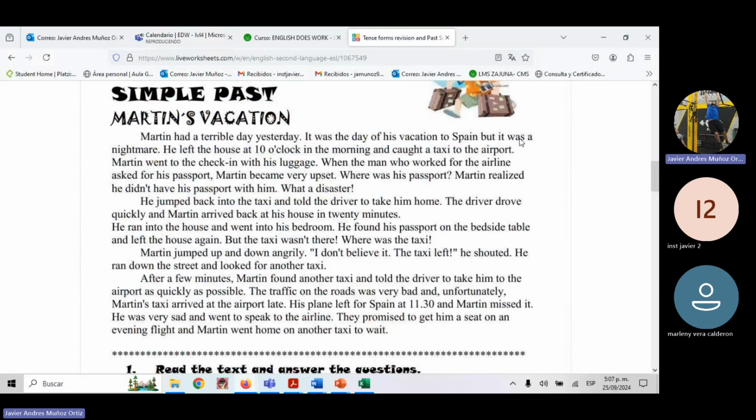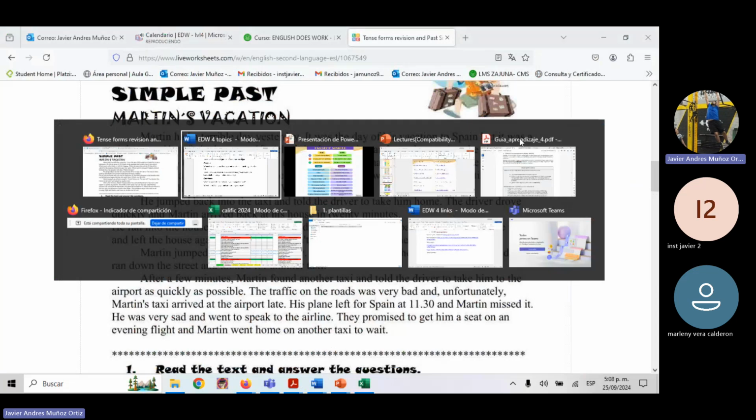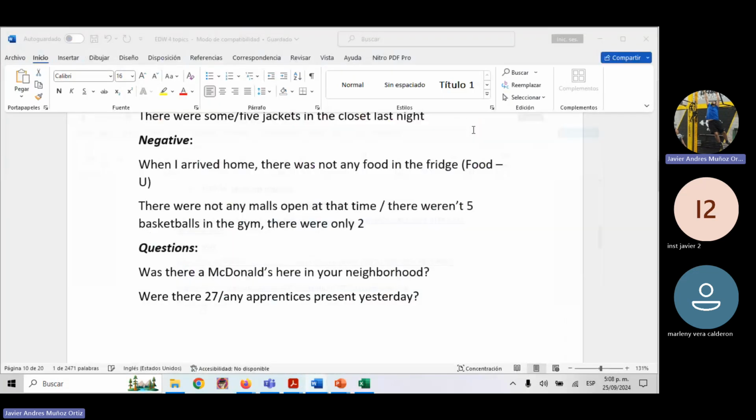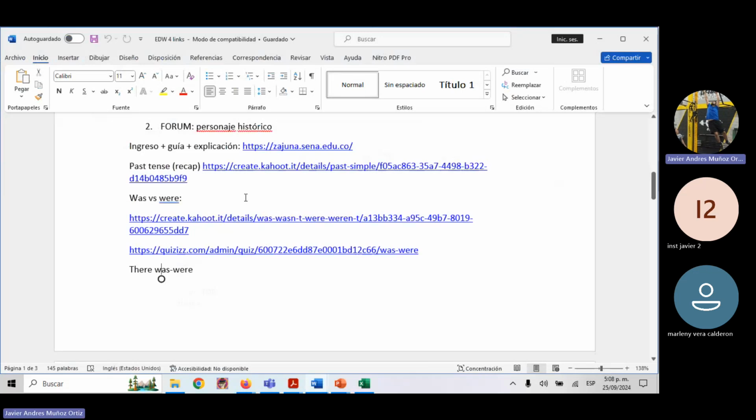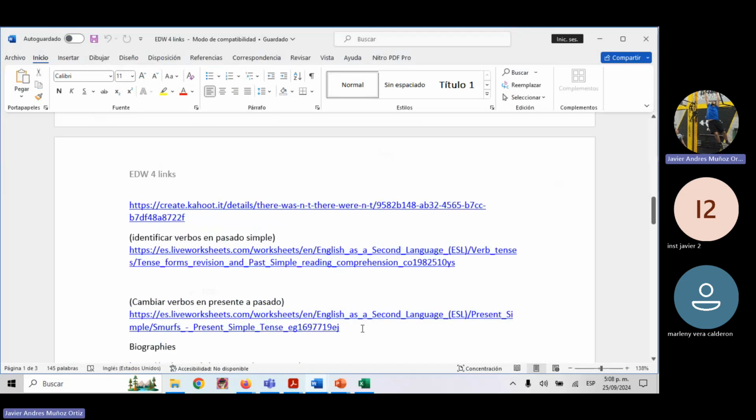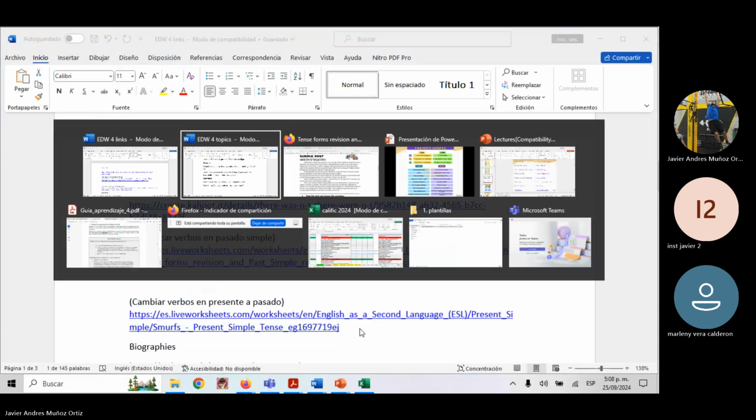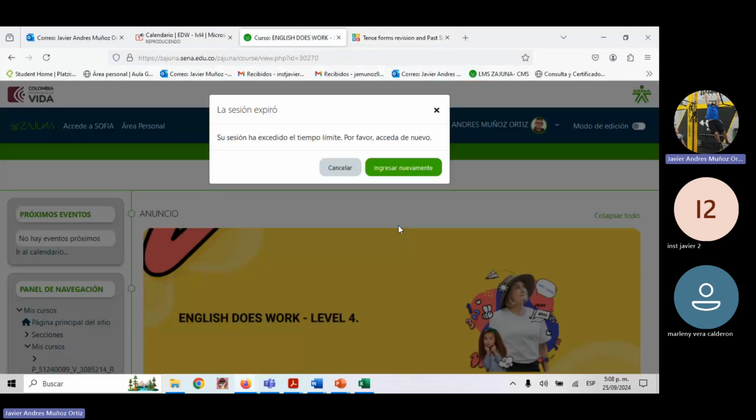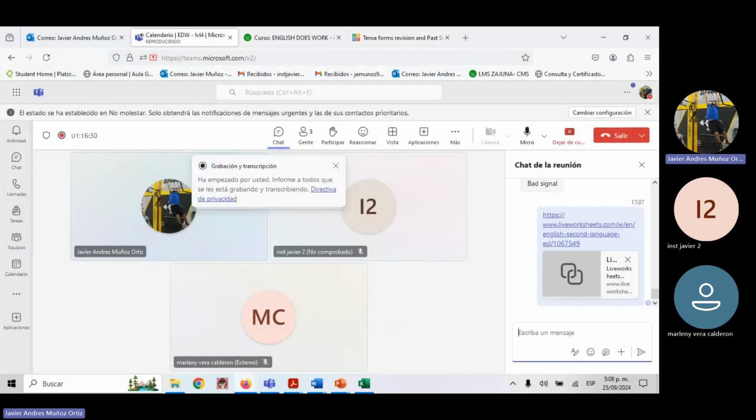The idea is for you to be conscious of the activities, obviously the text, but the most important part is to understand what activities are being mentioned in this exercise.